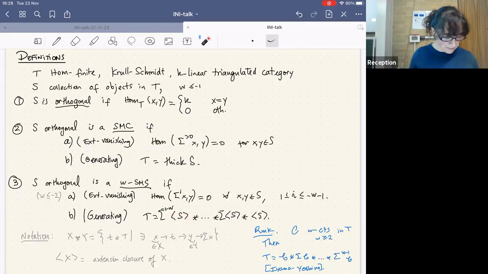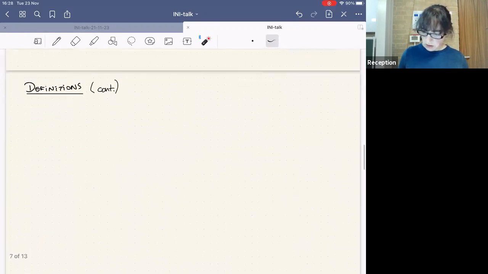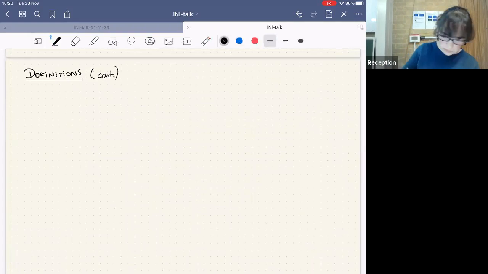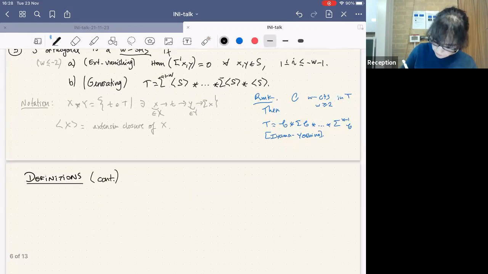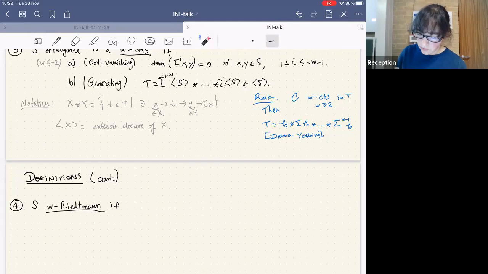Okay, but I still need to define the W-Riemann. So S is a W-Riemann configuration if, remember, for simple-minded system we have an Ext vanishing and generating.